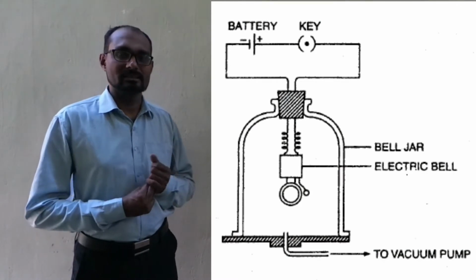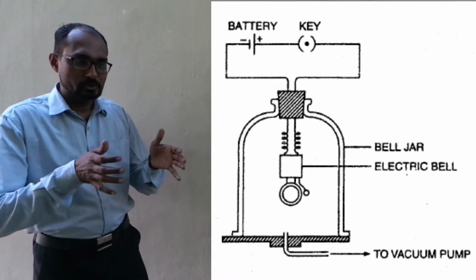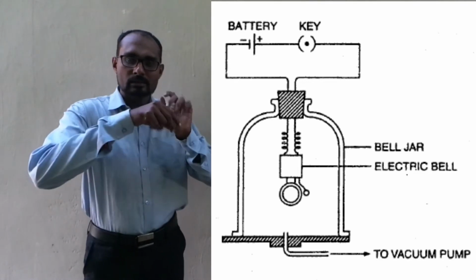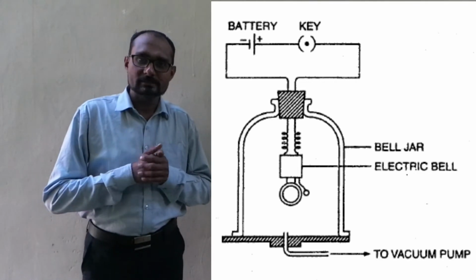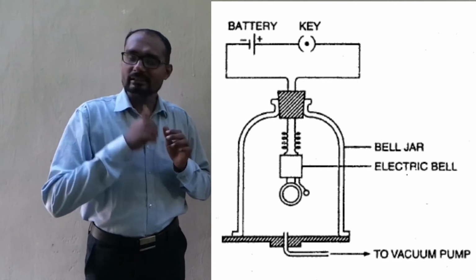So now what if I deprive sound waves of all these things? That is the bell jar experiment which we have learned. I take a bell jar, a huge jar, fix an electric bell into it and put it over a rubber sheet, and I ring the bell.